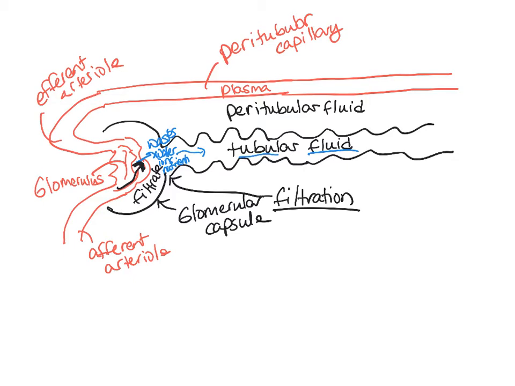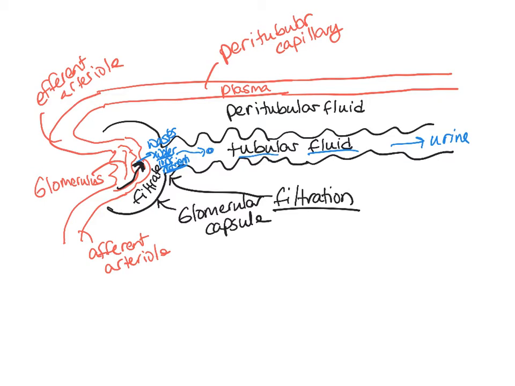Then we have that process which is called reabsorption. So reabsorption is when these things that are in the tubular fluid, not waste products, but things like water and ions and nutrients, those are things that we really don't want to lose. We don't want them to end up in the urine. So we want to reabsorb those things.